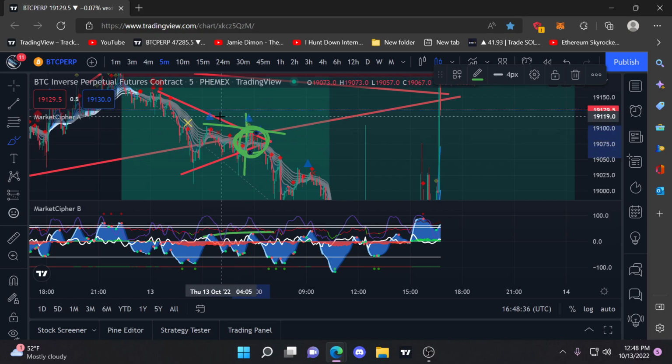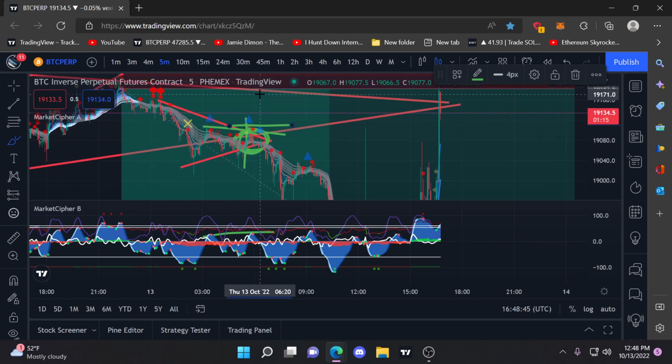I would lower my stop loss to the last swing high, so right about there. And now I would bring my entry, because I'd only add about, say, 25% of my existing position, I'd bring my average entry down to about here, and my stop loss is right here.